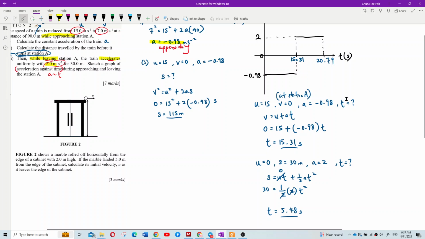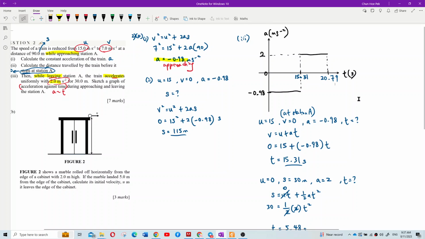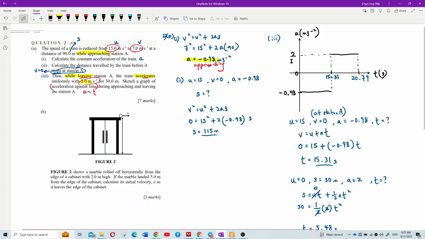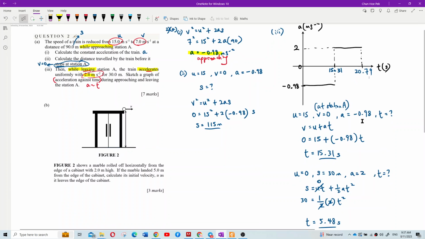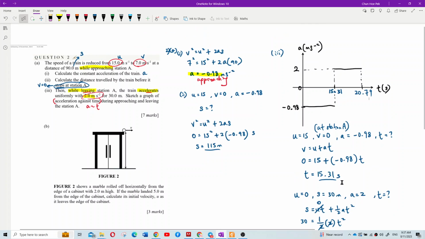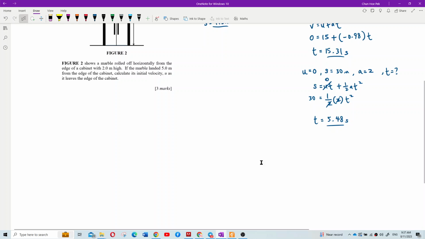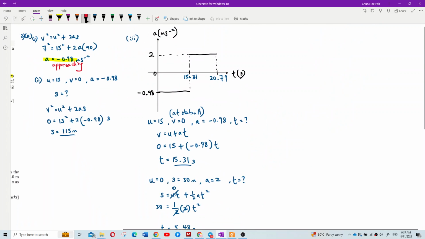Okay, class? Understand? You need to label all the values. You cannot just draw the shape and no label. You must label all the values, so that means the time you need to find out. Normally it's like this, given marks.